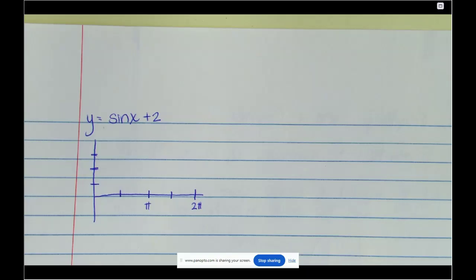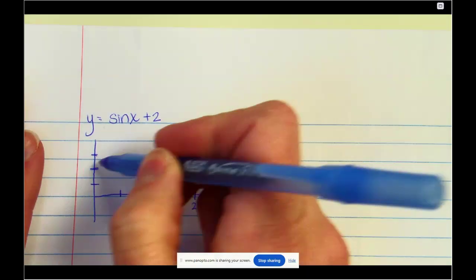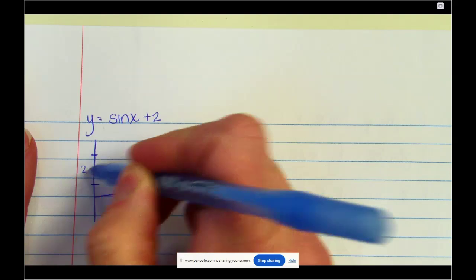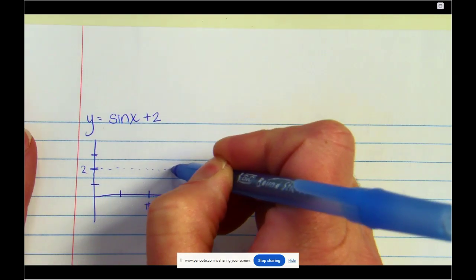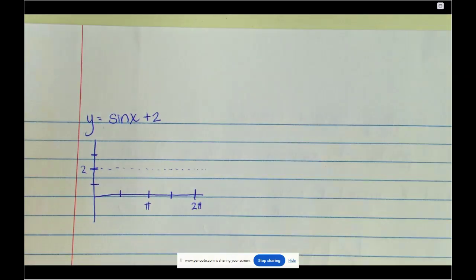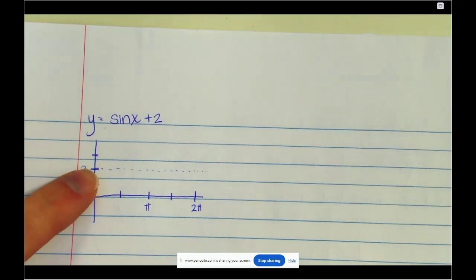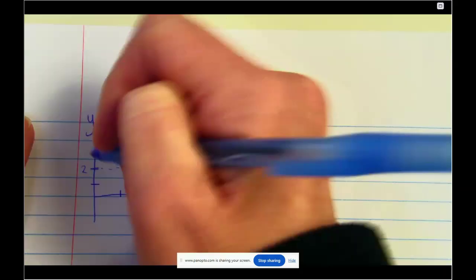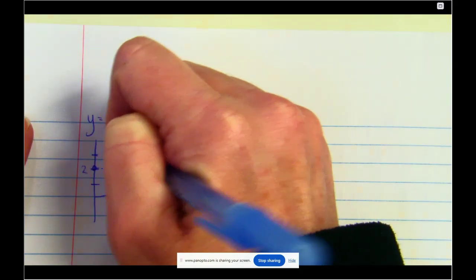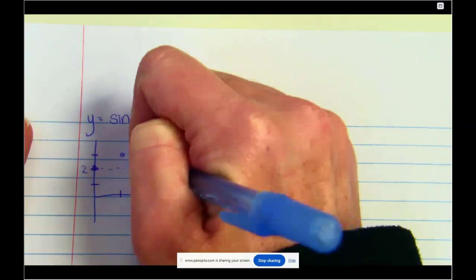All I'm going to do is draw a dotted line here at 2. Okay, so if I shift my graph up 2, then I'm going to treat that dotted line as my x-axis was. So from here, sine starts at the middle, which would be at 2. It goes up 1 because its amplitude is 1. It goes back to the middle.